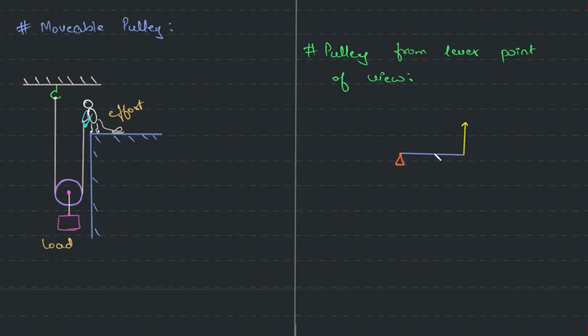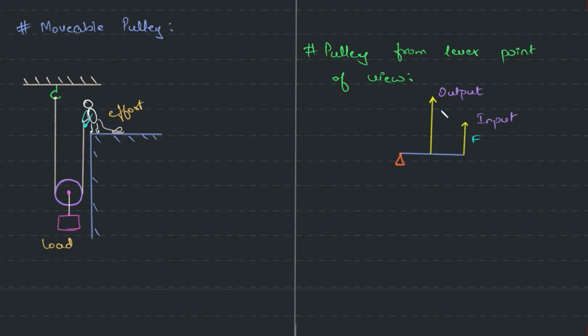What you want to lift, you have kept it over there. And this is what you will see. This is where your input is, and this is where you get to see the output.